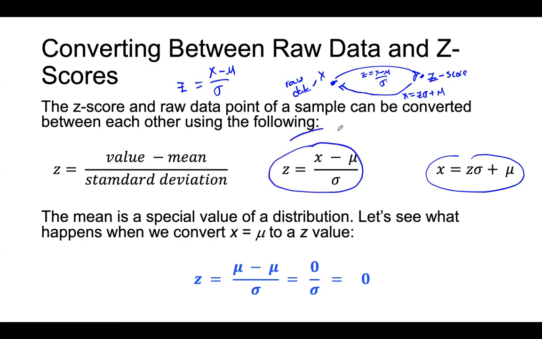So this one goes this way, and this one goes this way. This is from x to z, and this is from z to x. If we have these, we can get our x. If we have these, we can get our z.